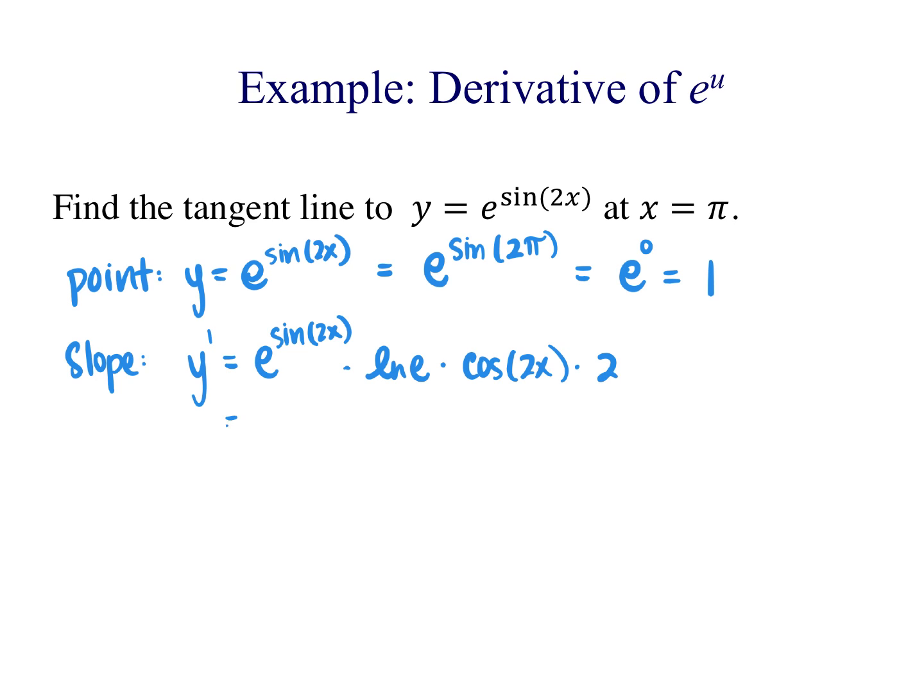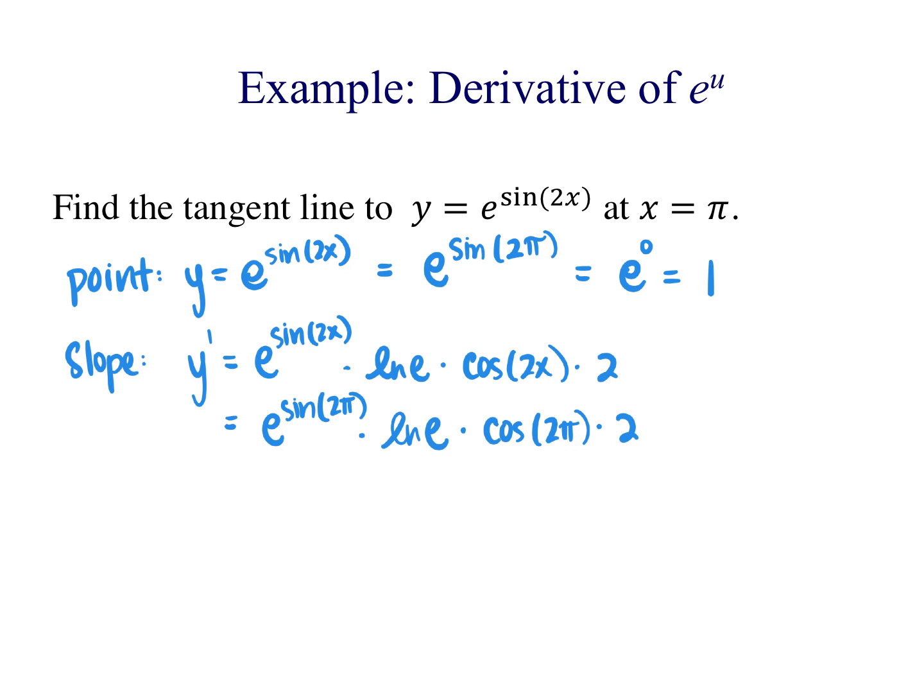Now if I plug pi into my next equation, I'll have e to the sine of 2 pi, and then the natural log of e, which will be 1, and then the cosine of 2 pi, and then 2.